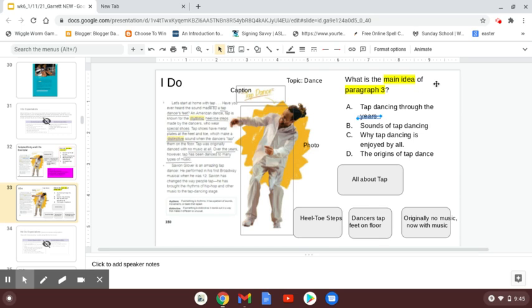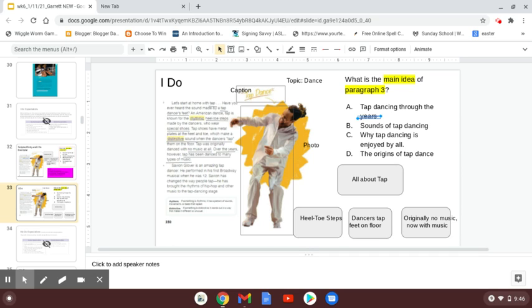Answer choice B says the sounds of tap dancing. Well, when I look at my organizer, my details all talk about how the tap dancers are tapping and what that might sound like. They use heel-toe steps to make sounds. They tap their feet on the floor, as well as using music in order to tap dance.